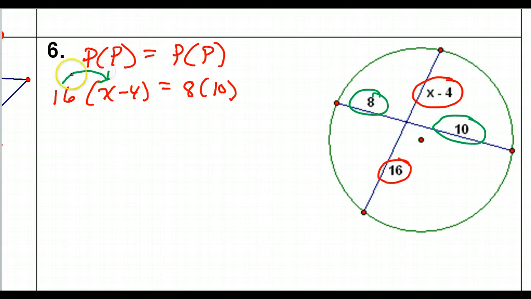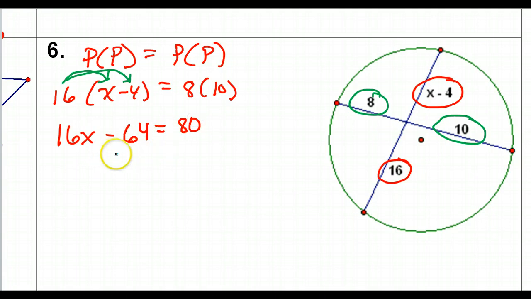Alright, distributive property time. So that's going to give me 16x minus 64 equals 80. Then we shall add 64 to both sides. So that's going to give us 16x equals 144.